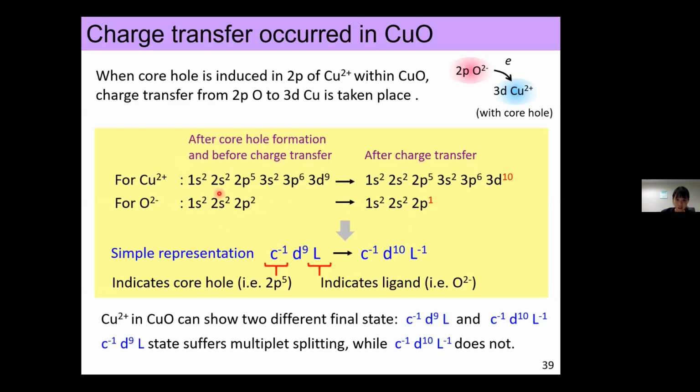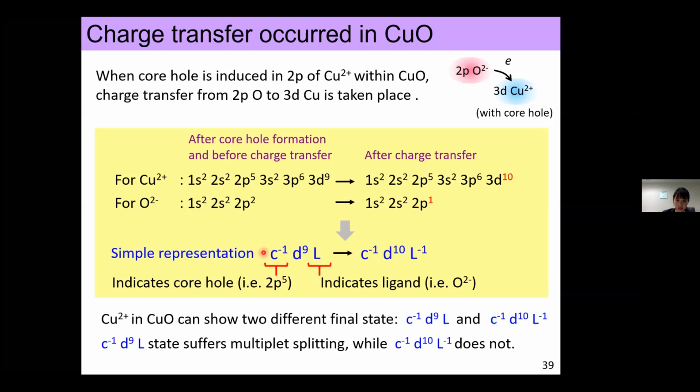So after core hole formation, the number of electrons in 2p in copper is 5. Then the electron from 2p in oxygen is transferred into 3d of copper. Since this expression is difficult to see, we can simply describe it like this.